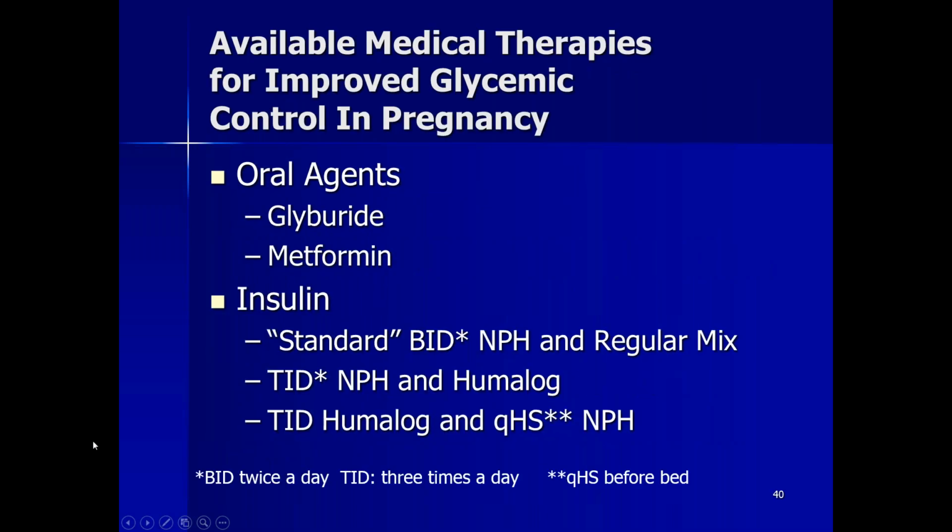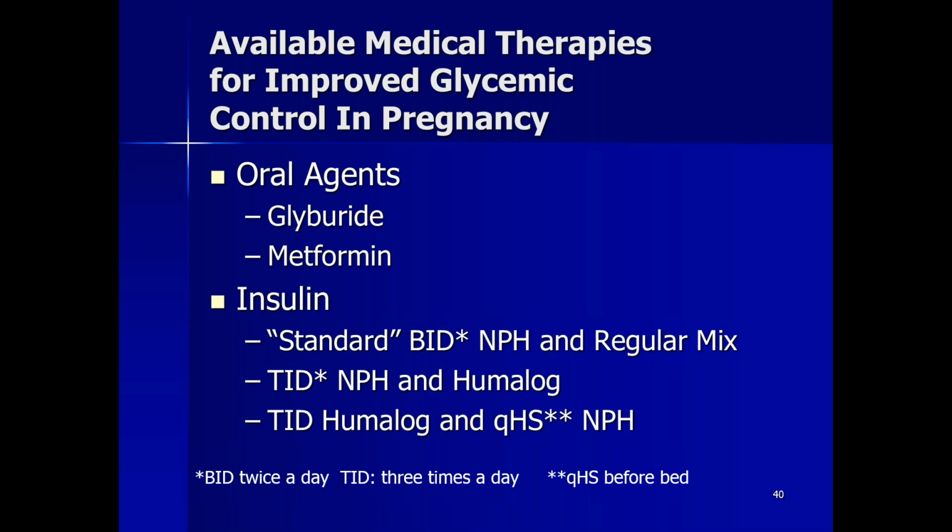Now, we're going to talk a little bit about what therapies you're going to try and talk her into taking. Again, the oral agents that are out there are sulfonylureas like glyburide and then metformin, which is a different class of agent, and then various insulin regimens. Clinically, I've seen all of these things used often.